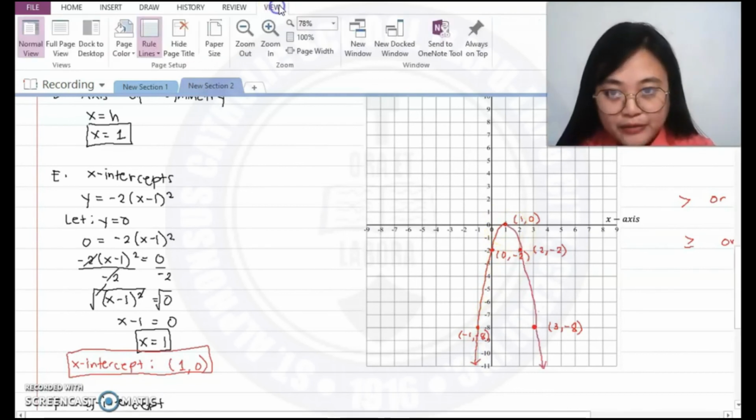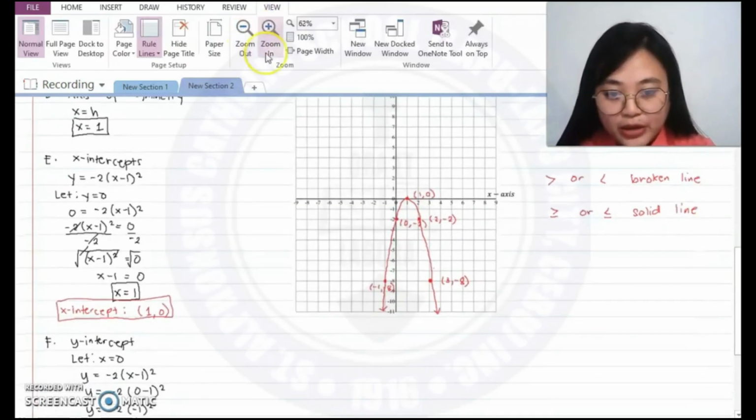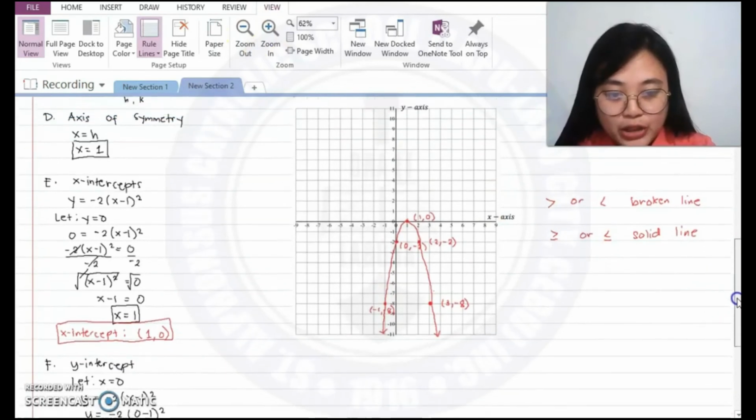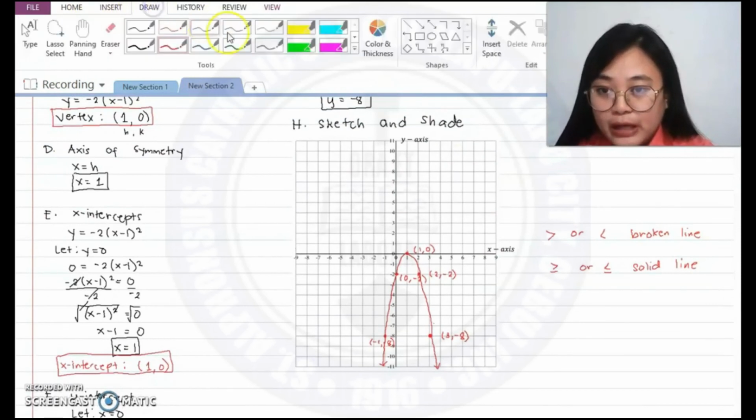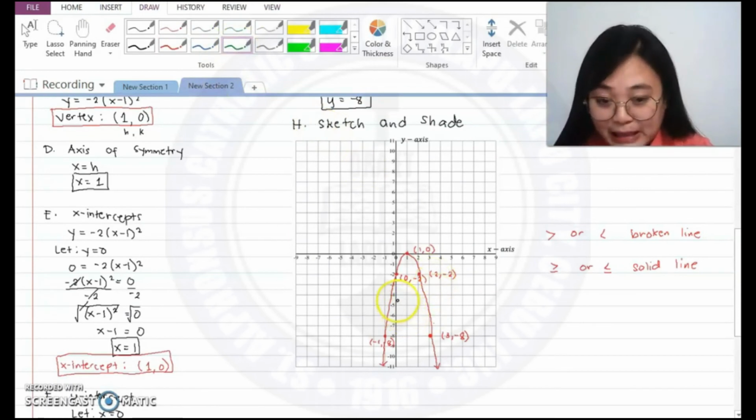After which, class, after connecting all the points or creating your parabola, you need to choose a testing point. So, you need to choose one testing point inside the parabola. In this case, I will choose 1, negative 3 inside the parabola and 1, 1 outside the parabola.